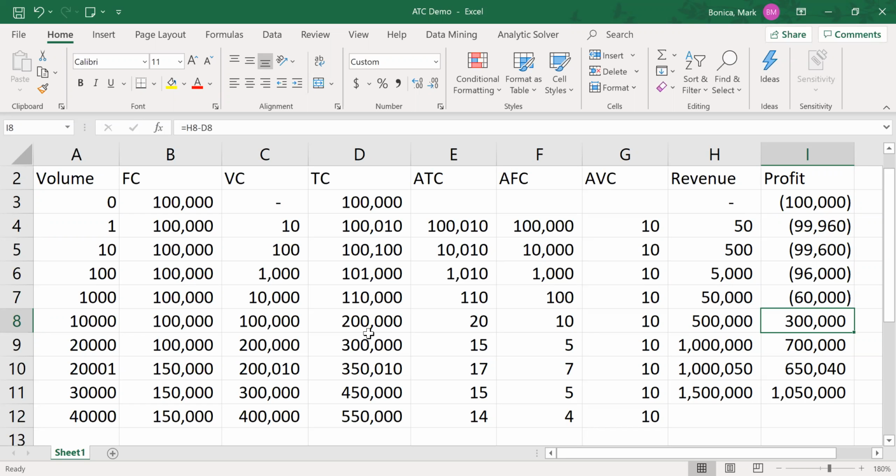Both total variable cost and total revenue are driven by volume. Fixed cost is independent of volume. This is going to be an important point later. Variable cost and revenue under a fee-for-service model are both driven by volume.